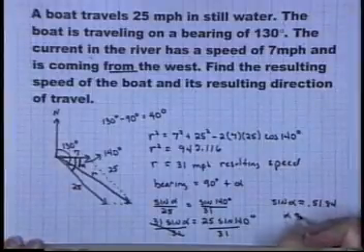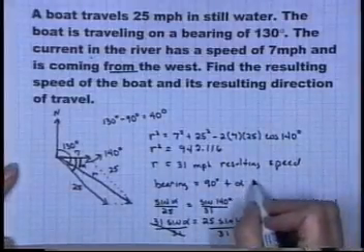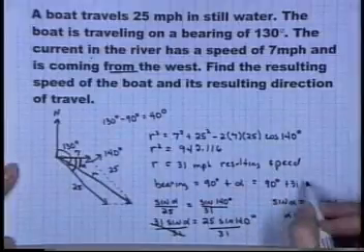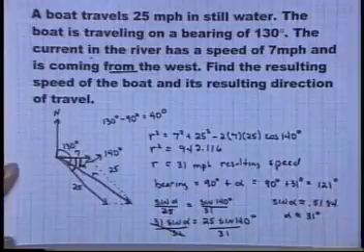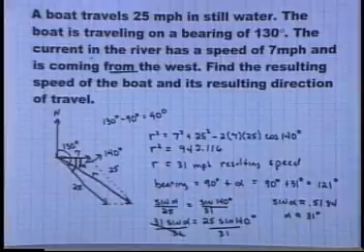Alpha is going to be approximately 31 degrees. Okay? So let's come back up here. Our bearing then is 90 degrees plus 31 degrees. Was that 121 degrees? So the resulting bearing of our boat is about 121 degrees, and our resulting speed is 31 miles per hour.